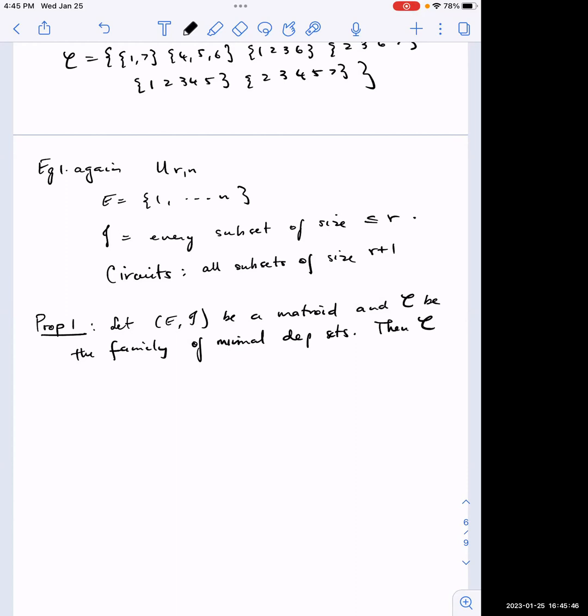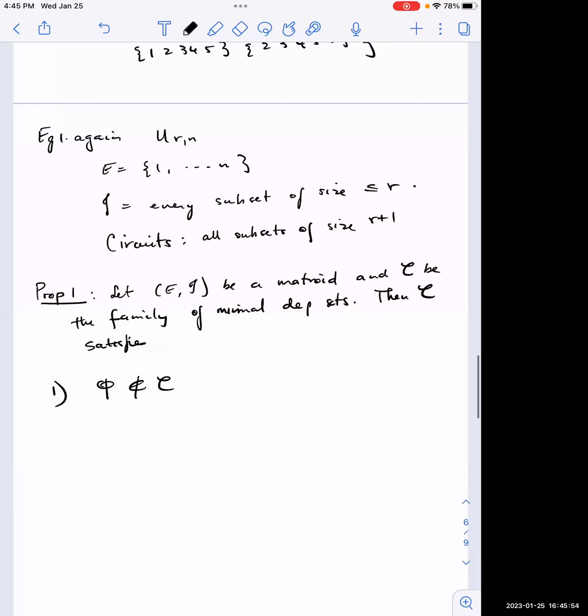Then C satisfies: the empty set is not in C, as you would expect. The empty set is independent. If C1, C2 are circuits and C1 is contained in C2, then C1 is equal to C2.